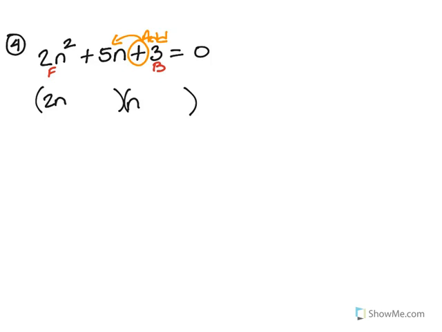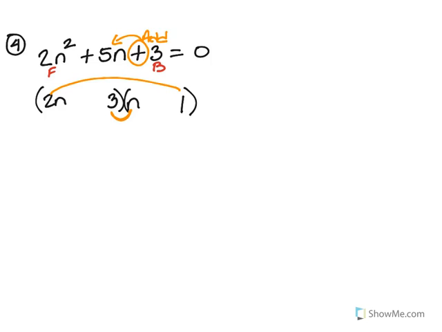So you're going to place 2n and n in the front. And in the back, we're going to use 1 and 3, but make sure you put the 3 with the n. I wouldn't put it across from the 2, because if you multiply that, that's going to make 6. Because keep in mind, you always want to check your outside, inside, because that's what makes your middle. Outside, inside makes the middle.